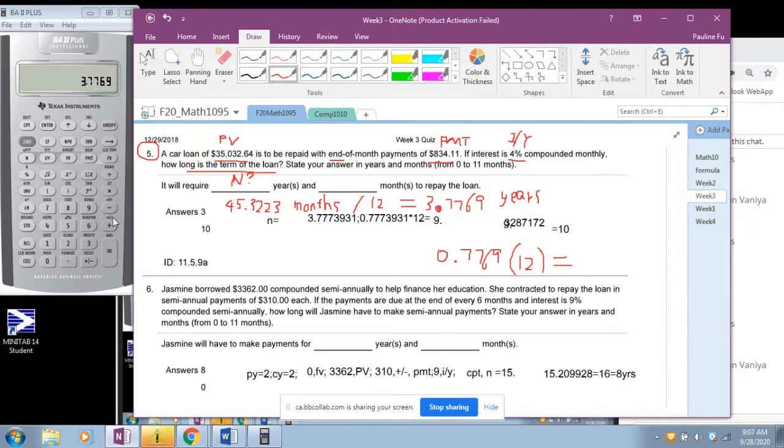So this number minus 3 equals 0.7769, and then times 12 equals 9.3223 months. Remember I told you at the beginning, you always round up regardless. So 9.3 months is 10 months, not 9 months. This is by rule. 10 months.